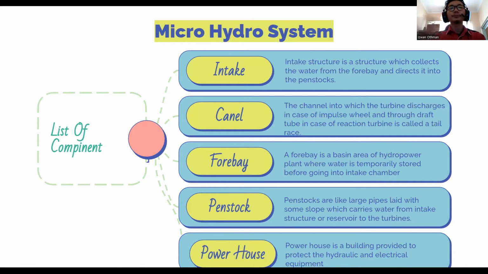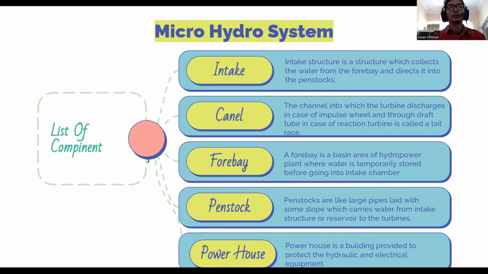Fourth is the penstock. Penstocks are like large pipes laid with some slope which carry water from the intake structure or reservoir to the turbine. They run with some pressure. Sudden closing or opening of the penstock gate can cause water hammer effects to the penstock.